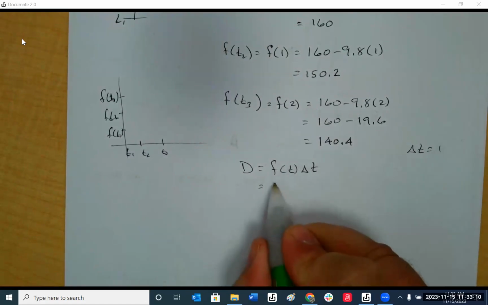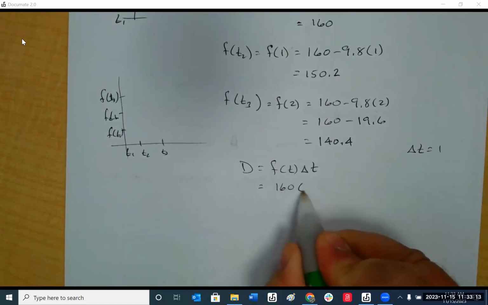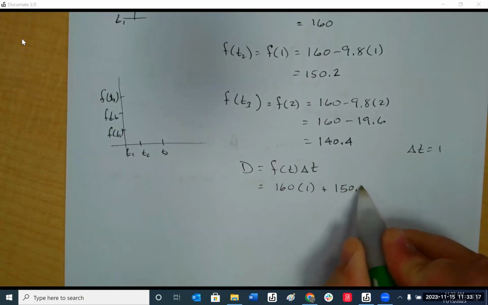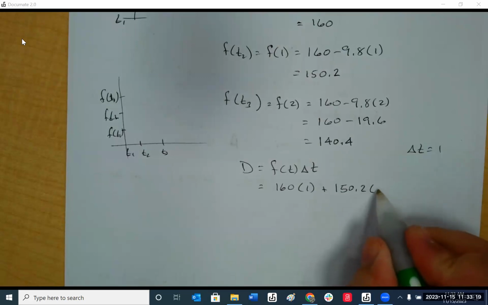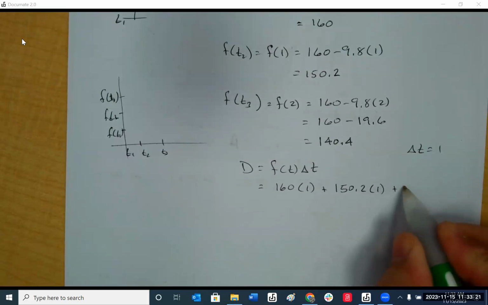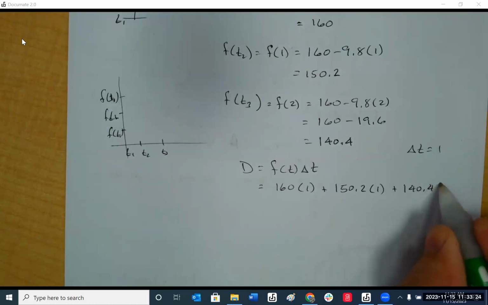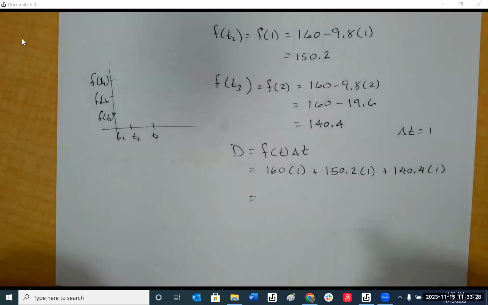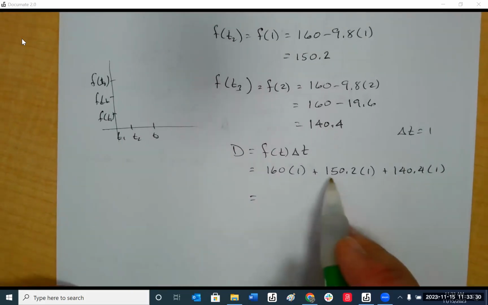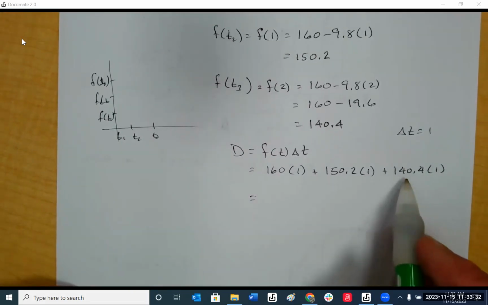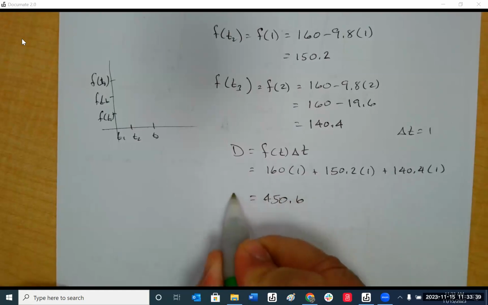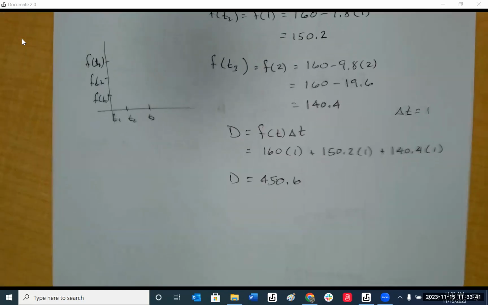It's always 1. So we have 160 times 1 plus 150.2 times 1 plus 140.4 times 1. If we add those together, we get 450.6. So that's how far our displacement was.